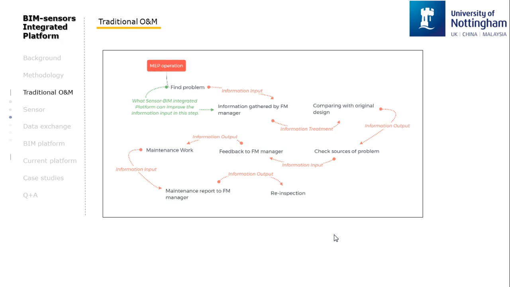Then it is input into the feedback of the FM manager, output to the maintenance work, input to the facility manager again, and then output to the reception. We can see that the facility manager is the information center, which integrates all the information and gives the proper feedback.